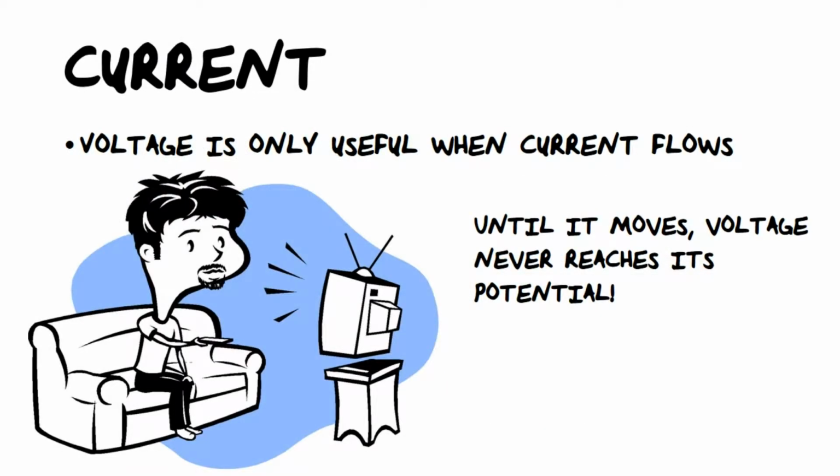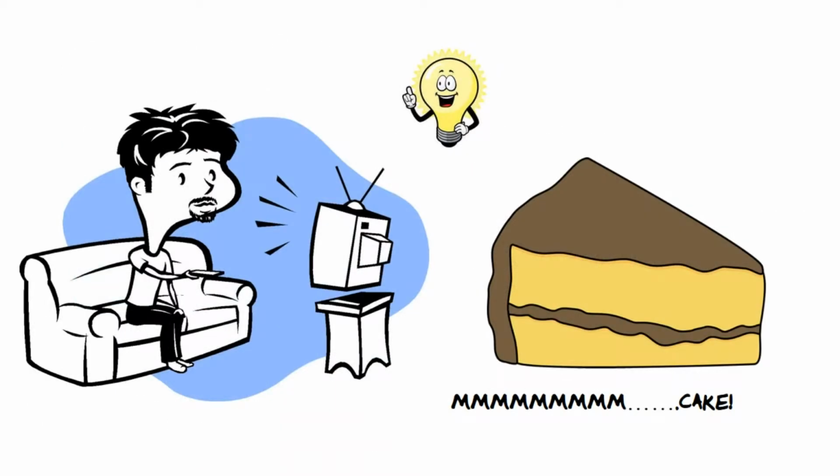Current. As we've said, voltage can do nothing on its own. It has to flow or move before it can accomplish anything. When water flows in a river, it creates a current. When voltage flows in a circuit, it creates a current. Imagine you are sitting at home and you suddenly want to bake a cake, but you have no ingredients.